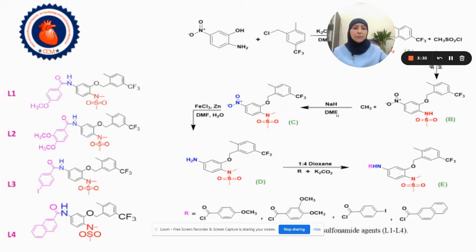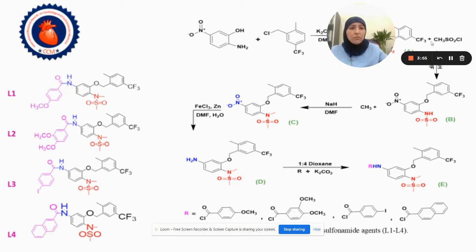This is the scheme. We started with 2-amino-5-nitrophenol. We reacted that with 2-chloromethyl, 1-methyl, and 4-trifluoromethylbenzene in the presence of potassium carbonate and DMF.